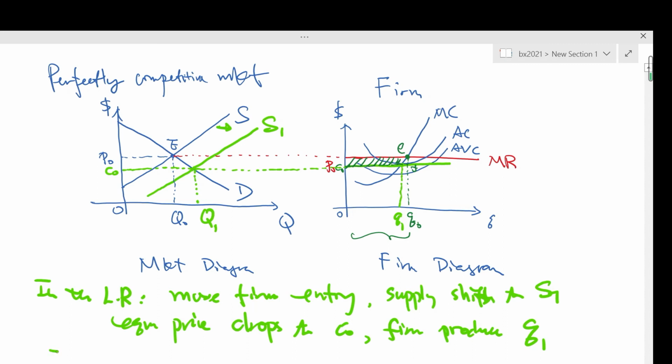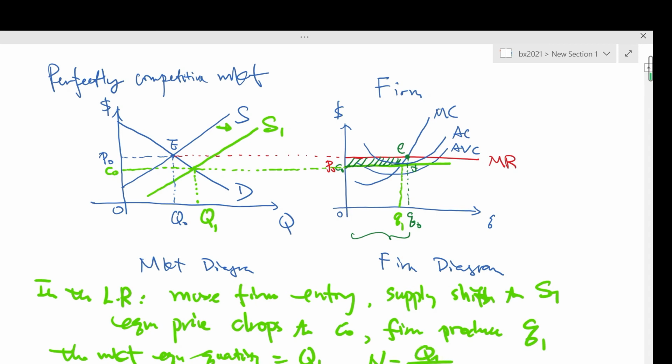The market quantity, the equilibrium quantity, is equal to Q1. So the number of firms now is equal to big Q1 divided by little q1.